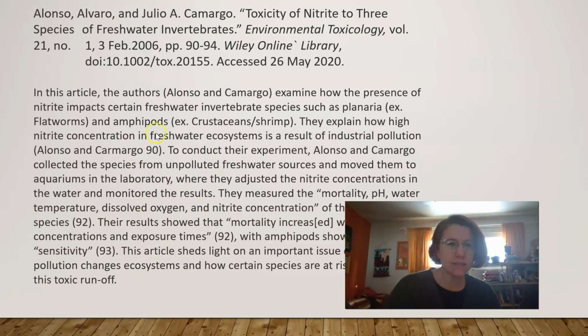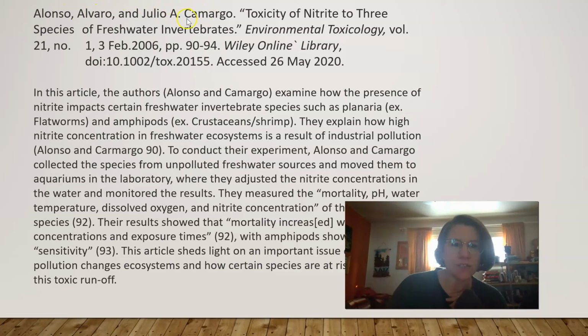So this is an example of an article summary. At the start here, this formatting is wrong, so I'd have to correct this, but this is the MLA style reference that you're going to have to include in your writing assignment number 1. So it tells us the author's names.